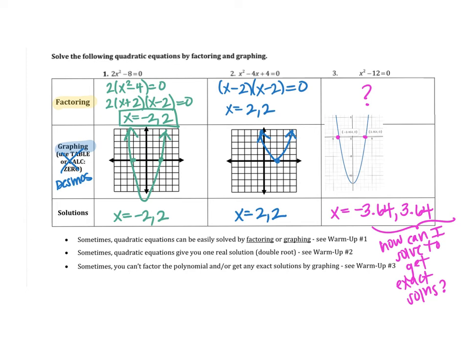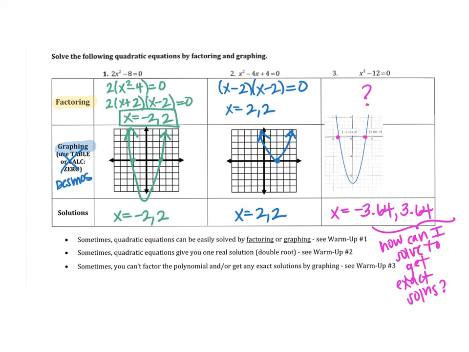So if you look at example 1, sometimes we can solve quadratics easily by factoring or graphing, such as in warm-up number 1. Number 2, sometimes quadratic equations give us one real root or one real solution, also known as a double root. Again, we can solve it by factoring or graphing and easily get our solution, and that's warm-up 2. And example 3 is the big kahuna as to the why behind this lesson.